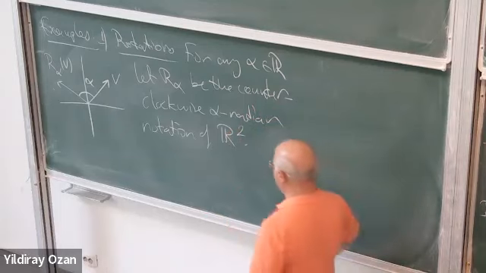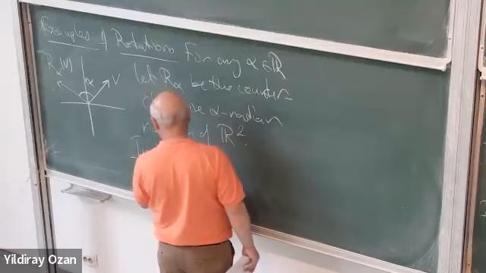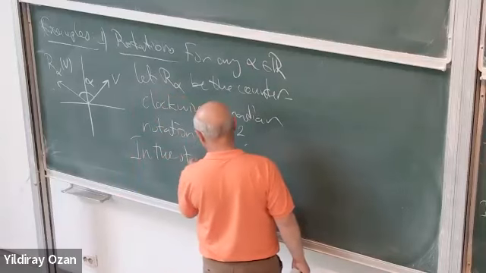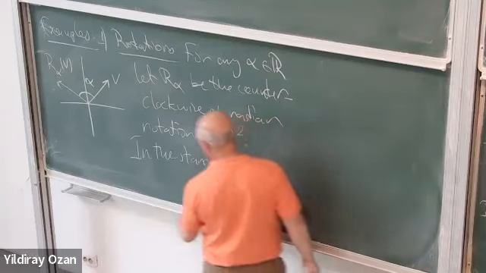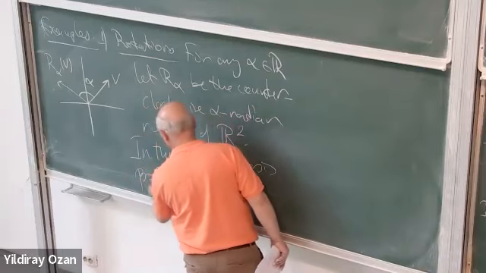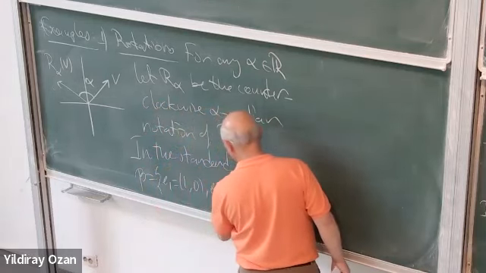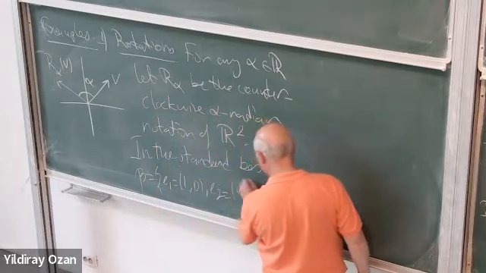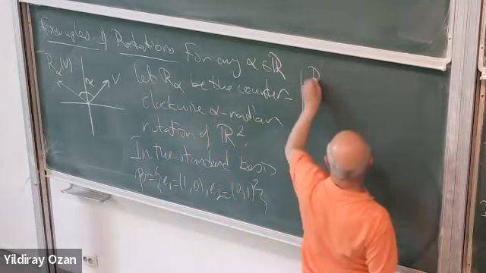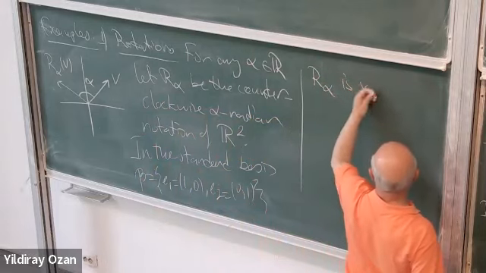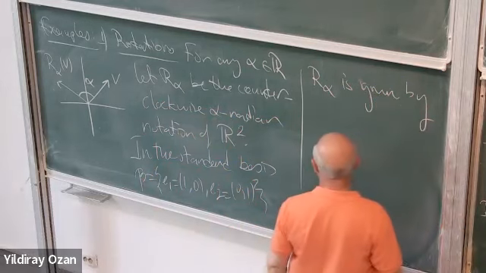O zaman bunun matris gösterimi ne olacak? In the standard basis, let's say E1 is 1, 0 and E2 is 0, 1. R alpha is given by, nasıl yazıyor?